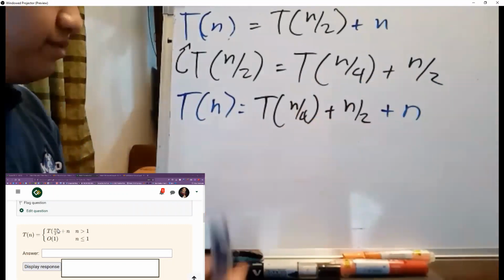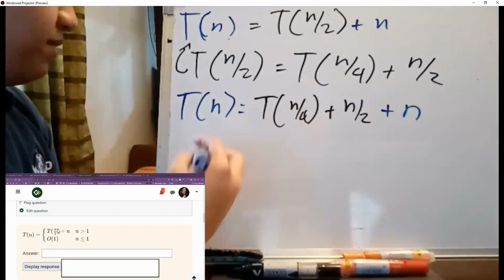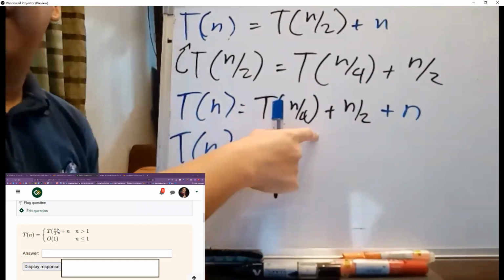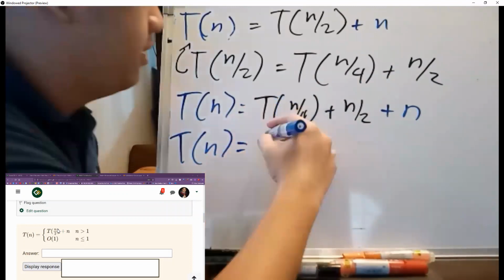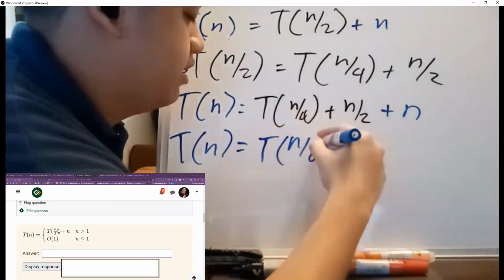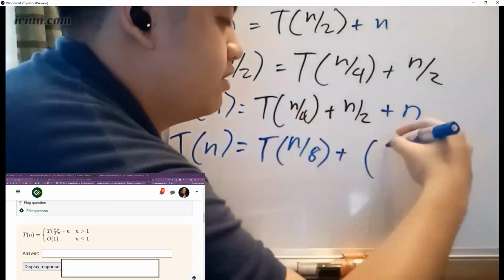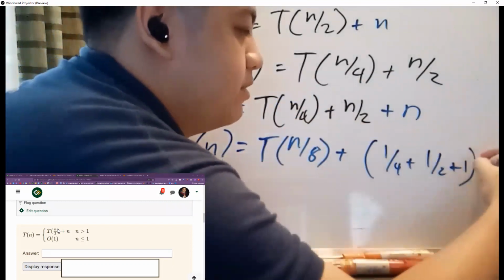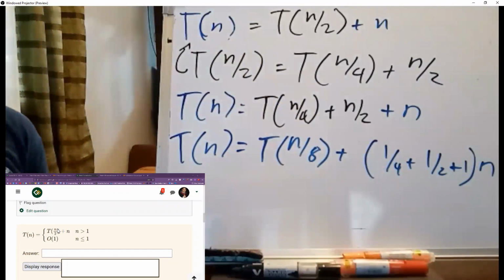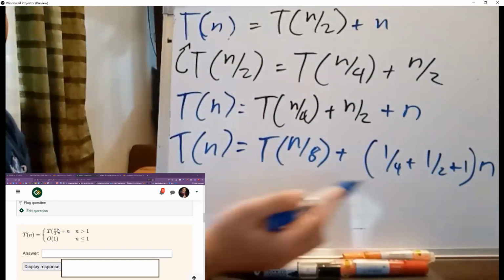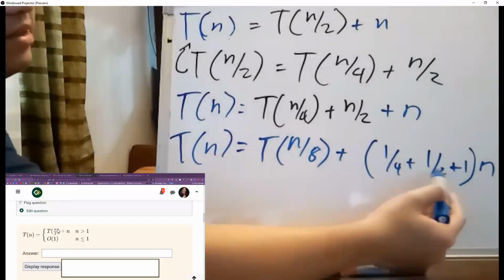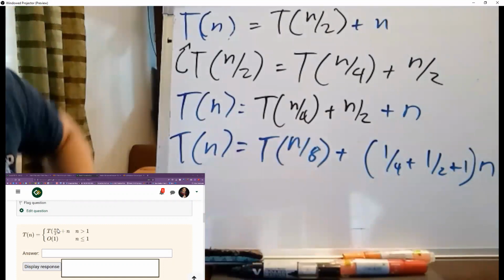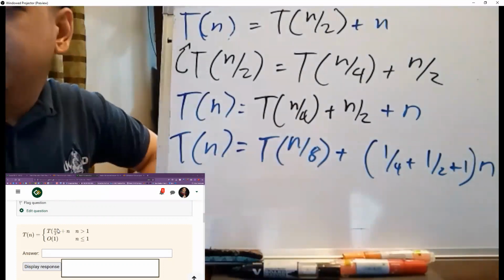Then eventually, you can say that on the next expansion in the middle, T of n over 8, we get here 1/4 plus 1/2 plus 1 times n. So basically, n gets plus 1, plus 1/2, plus 1/4. And then the next iteration, or the next expansion, is 1/8.